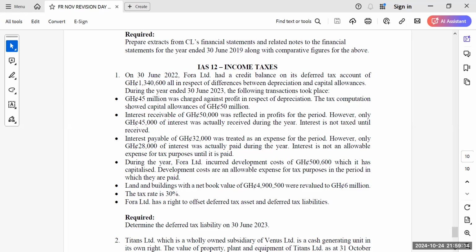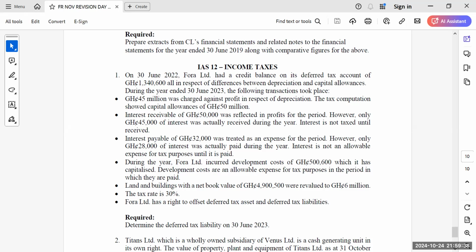This is interest receivable, isn't it? Yes, sir. This is an income to the company, isn't it? Yes. Okay. What will happen is that you are including 50,000, but the tax authority will charge tax on only 45,000.